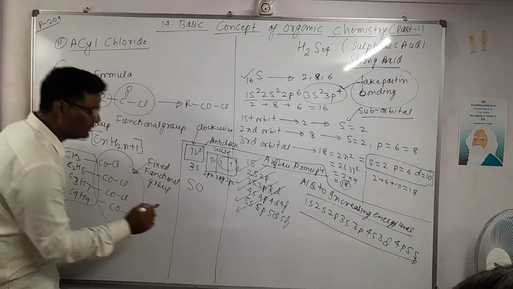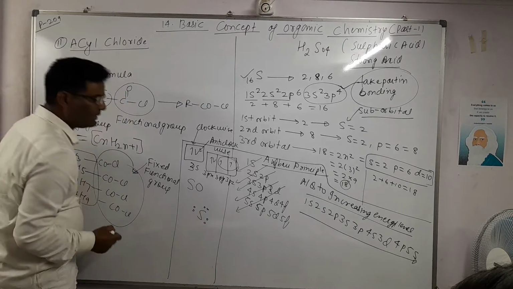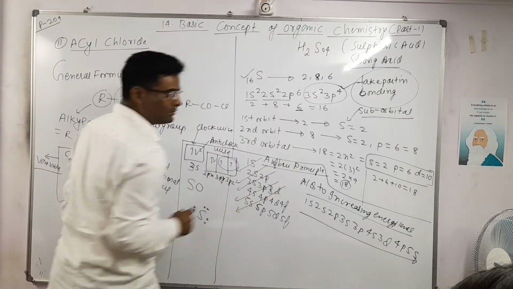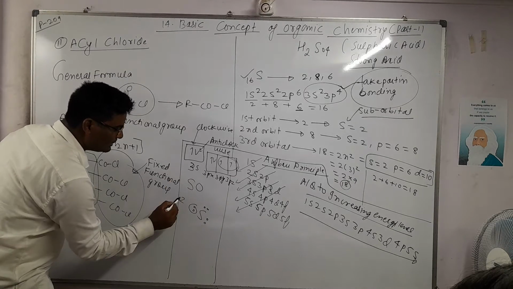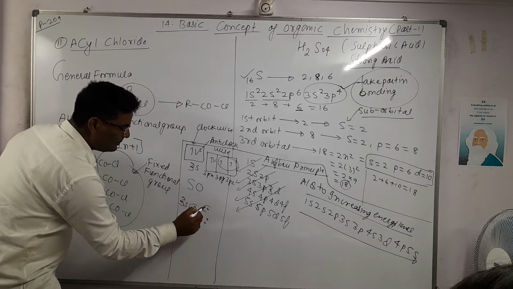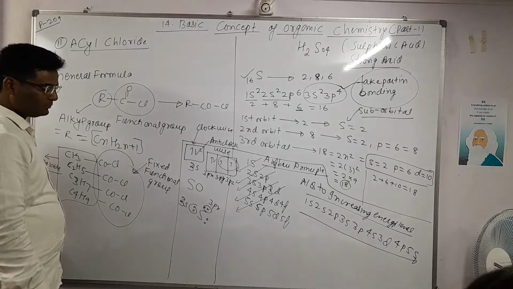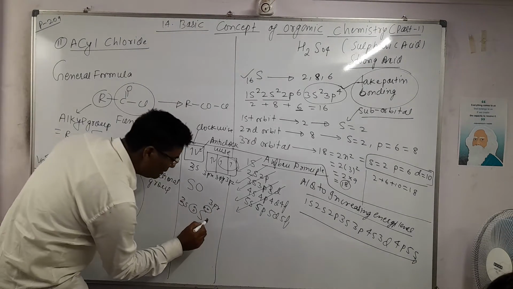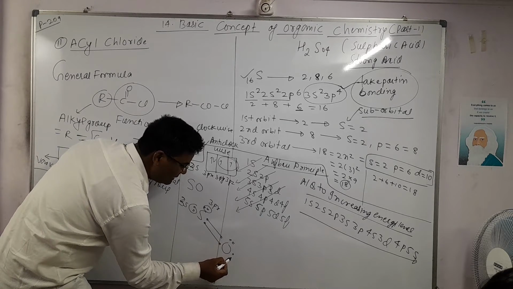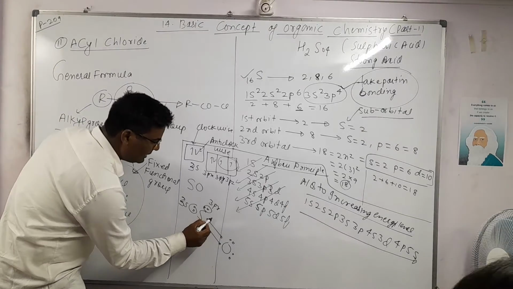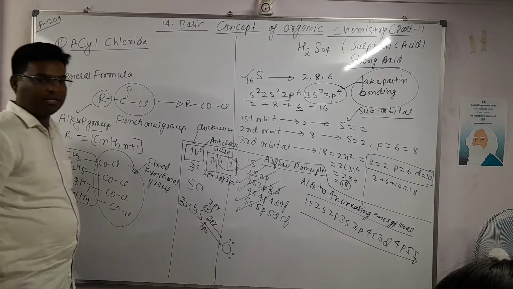Suppose I am drawing the structure for SO, sulfur monoxide. In S, a total of 6 electrons are there, right? This is the lone pair of 3s. This will be in 3px, and this will be 3p1. Good. So the bonding will be with oxygen. Oxygen also has 6 electrons, so this will be in 3py, this will be in 3pz.